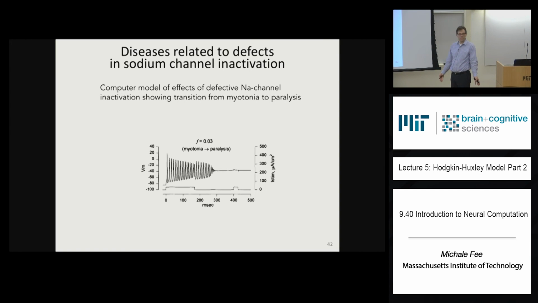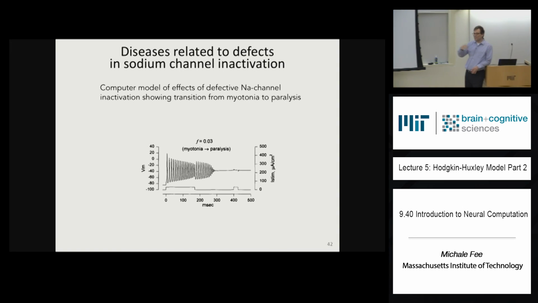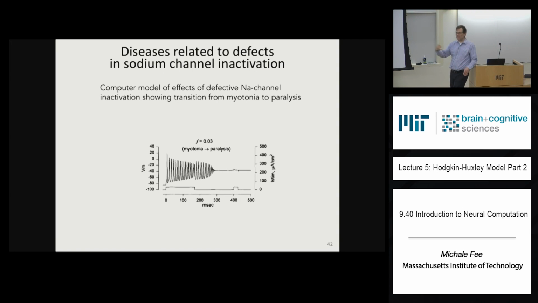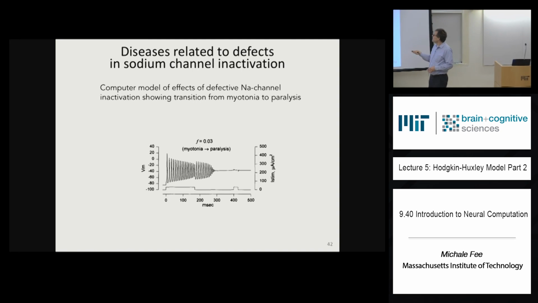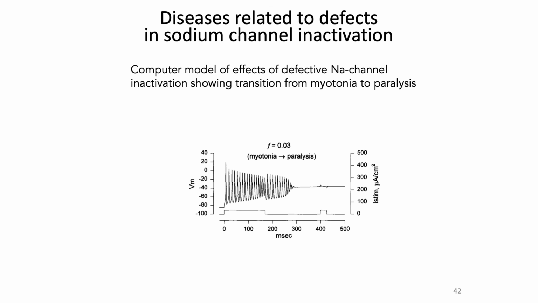It's completely loose. And so this is the hyperkalemic periodic paralysis. Okay, so you get both of these really interesting phenotypes in this disease, just depending on one little parameter, which is what fraction of these sodium channels are failing to inactivate.